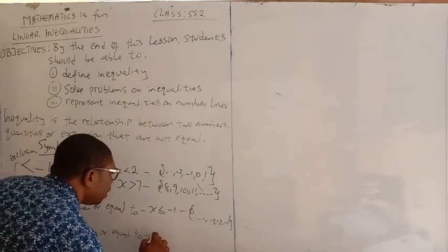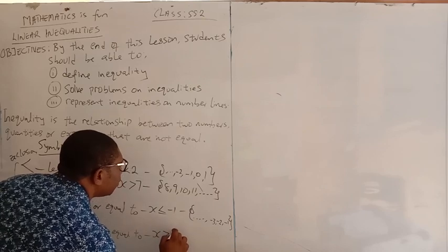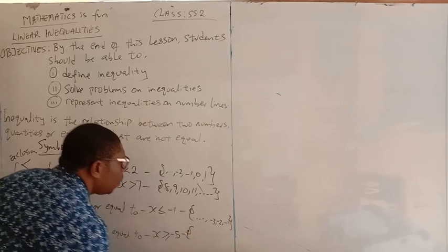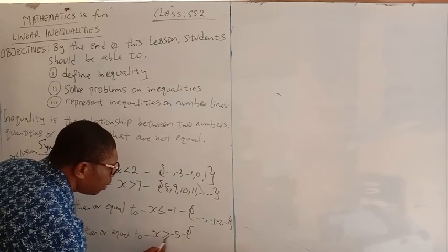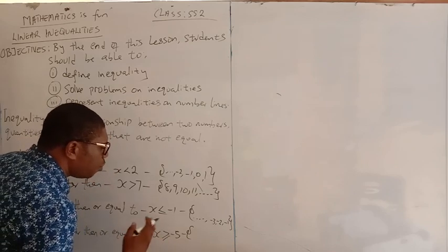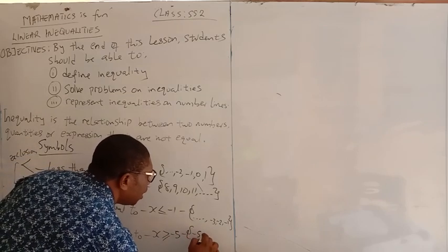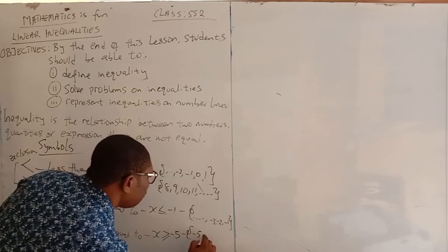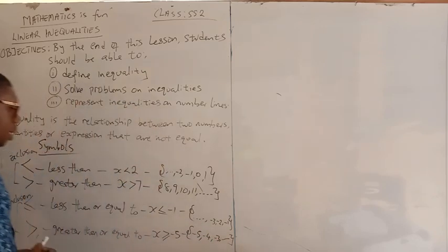Therefore, if we are given x greater than or equal to -5, we mean all the numbers above -5, including -5. So we start from -5, -4, -3, and so on. So these are the symbols we use here.